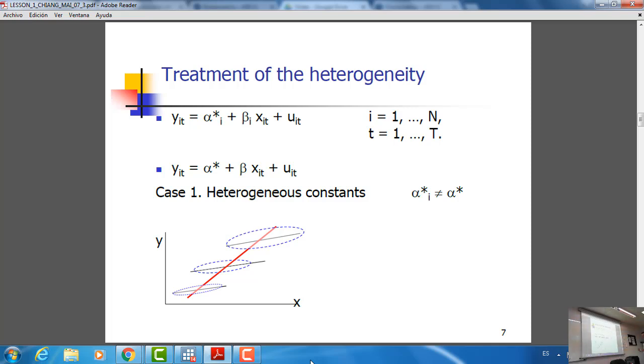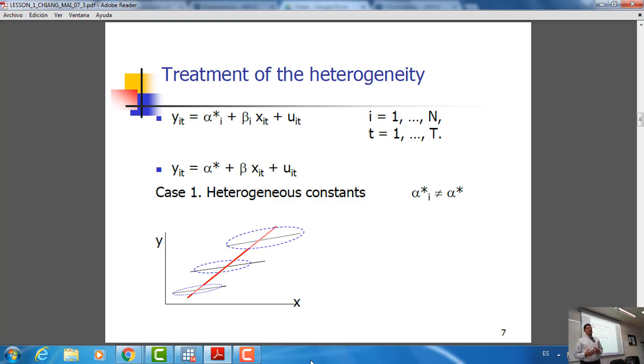I put you also some examples which I'm not going to repeat, which show you that in other examples it happens the same. So pooling when there is heterogeneity is not a good idea. In general, it will lead you to biased and inconsistent estimates. So it's not a good idea.